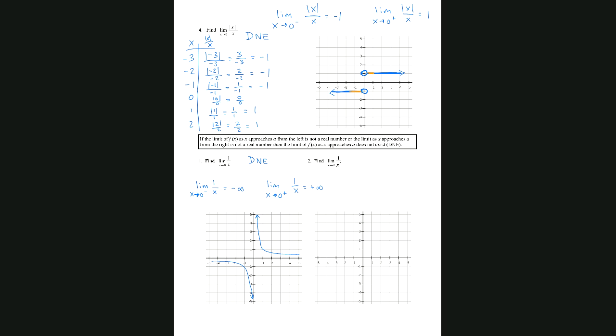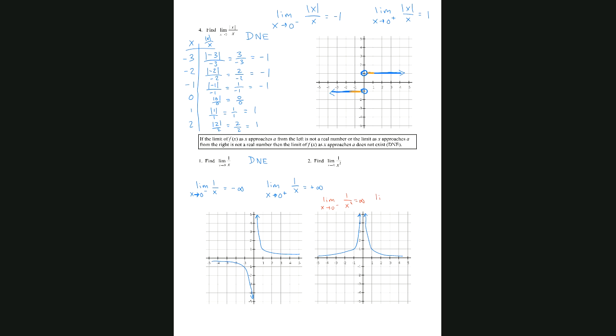Because the interesting thing about this one is both of the one-sided limits are headed toward infinity. So notice here that the limit as x approaches 0 from the negative side of 1 over x squared is infinity.